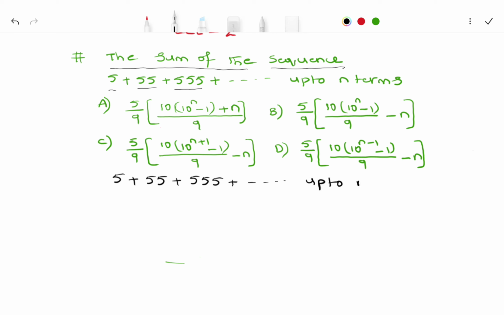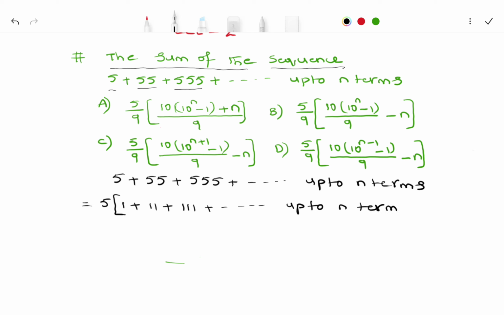Here, if you take 5 common, it becomes 1 plus 11 plus 111 plus and so on up to n terms.